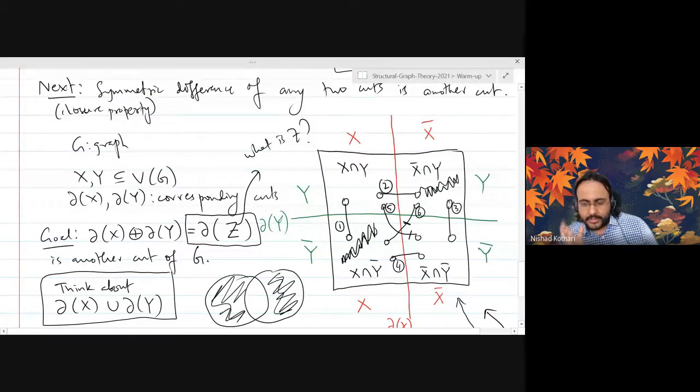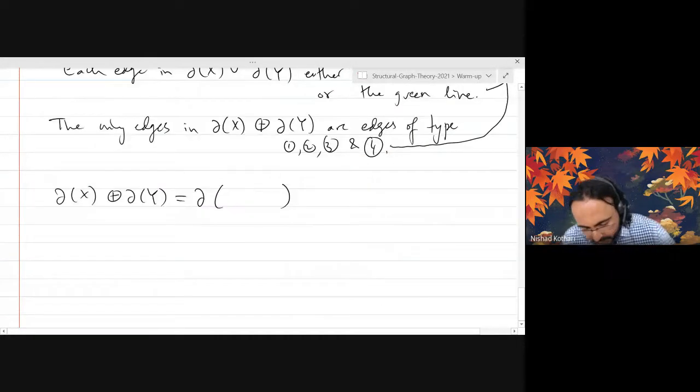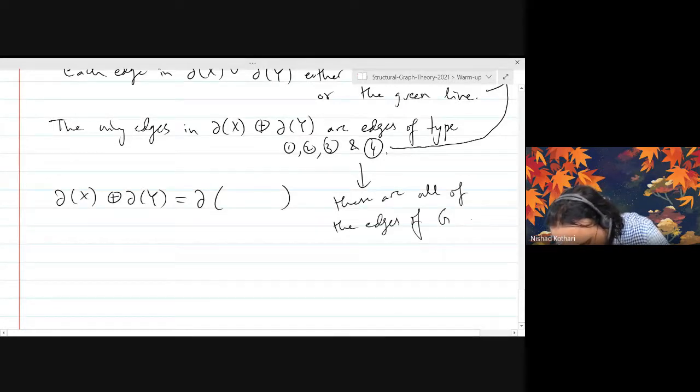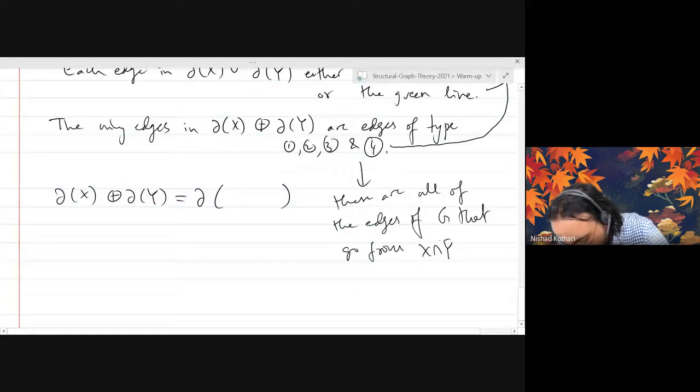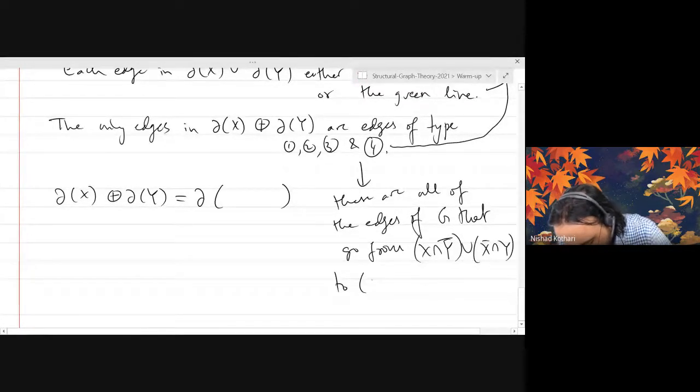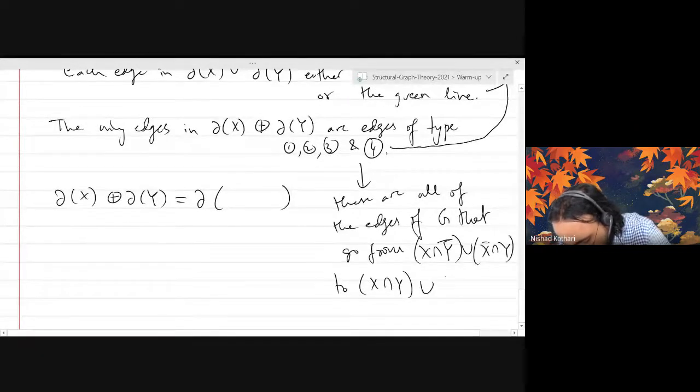These are all the edges that go from bottom left union top right to top left union bottom right. Okay? These are all of the edges of G that go from x intersection y bar union x bar intersection y to x intersection y union x bar intersection y bar.